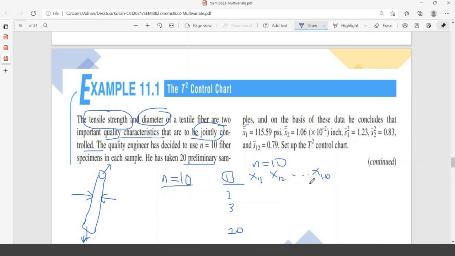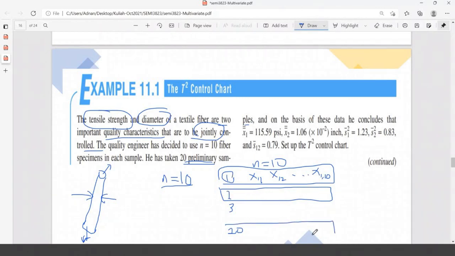So every sample he takes 10, n equal to 10. So we go to another subgroup. In this example, they said it is 20 preliminary samples, meaning subgroups. So you got another 10, until 20. So you are taking 10 for each subgroup.